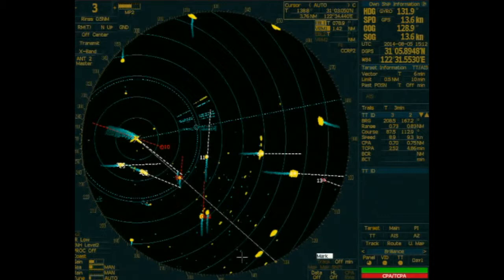But this has to be based on the captain's skill, knowledge, and experience. Right now, this tug vessel is dead ahead of own ship, and 1 minute has passed. Own ship's course is 131 degrees.